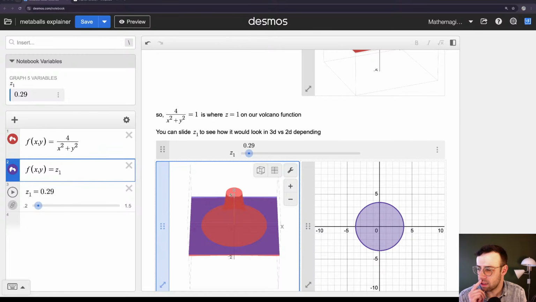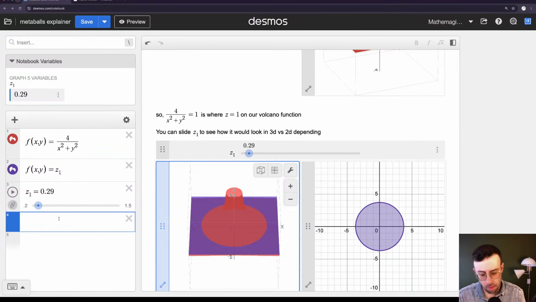Okay, add a line z equals z1. Z equals z1 equals. Can you do 3 equalities? Oh, the curve is at z equals z1.